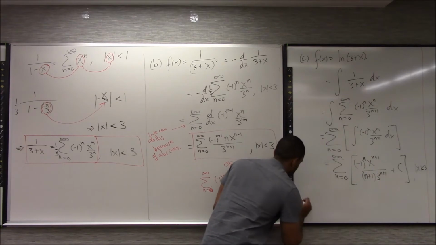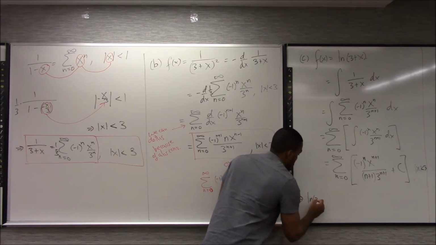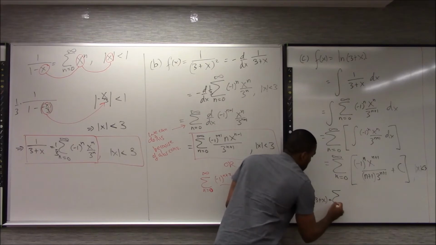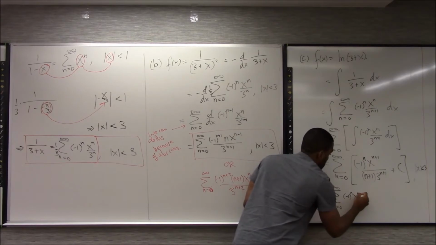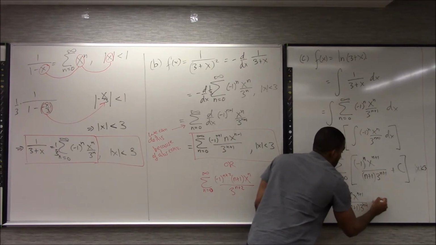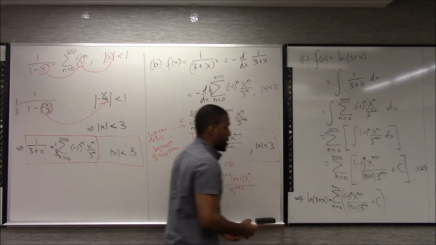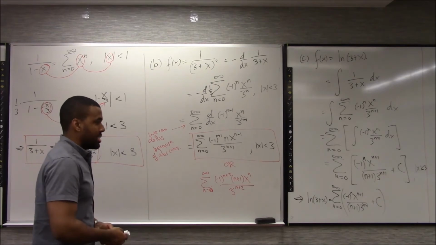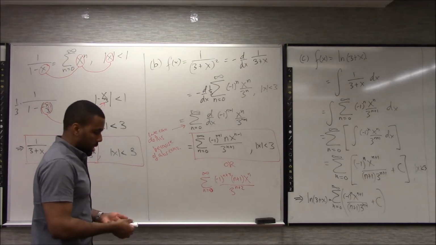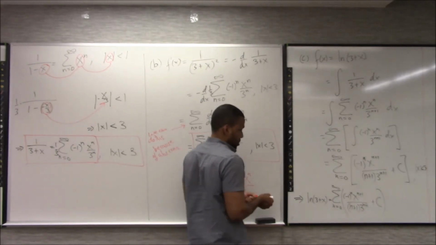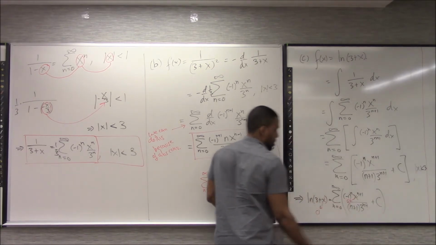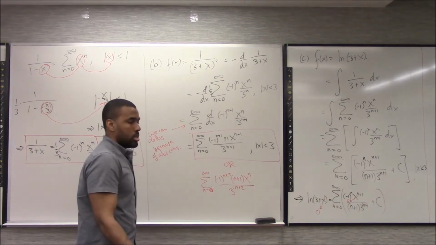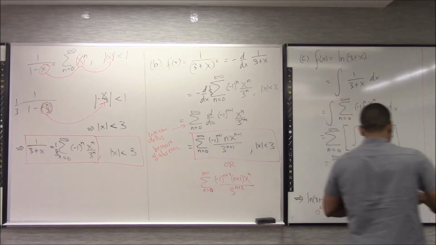This means that ln of 3 plus x is equal to this sum. If I want to solve for that plus c, I can plug in a convenient x value on both sides. Notice that if I plug in x equals 0, I end up with my c being ln 3.